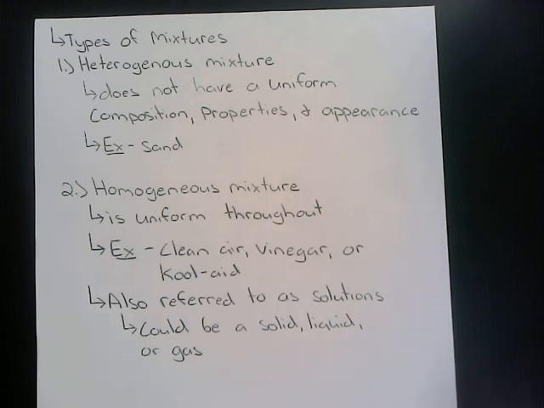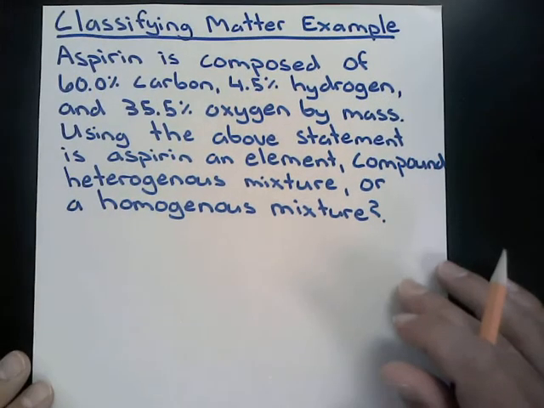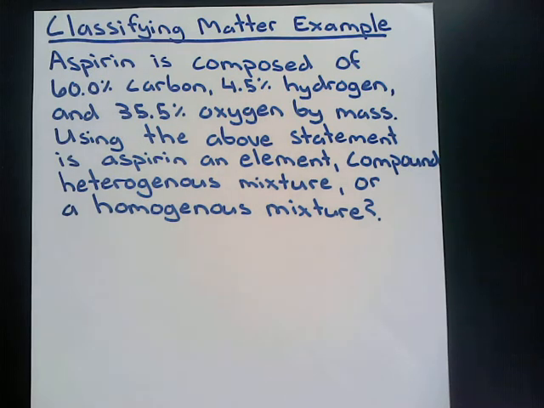So what I embedded into the notes is this particular chart. We will walk through this chart in our final example for today. We have our example in the notes: aspirin, a common headache medication or pain reliever, is composed of 60% carbon, 4.5% hydrogen, and 35.5% oxygen by mass.